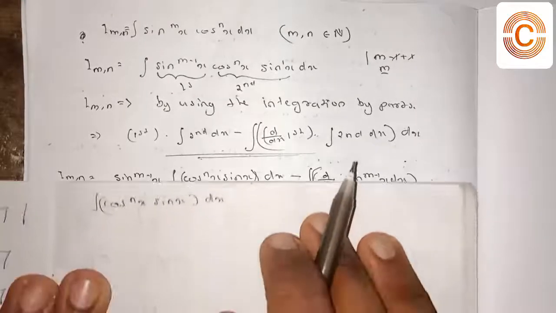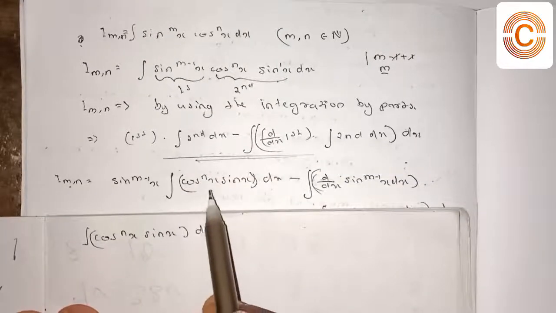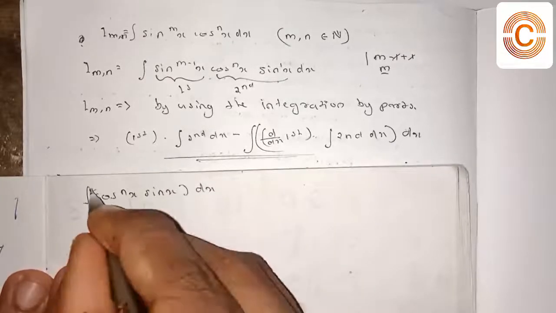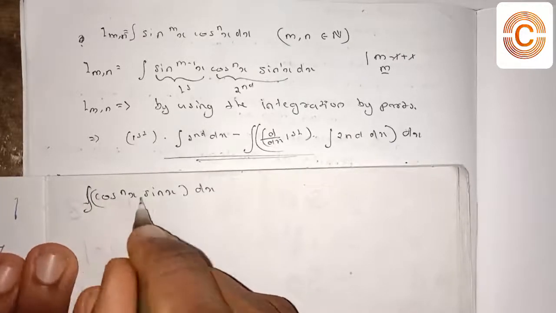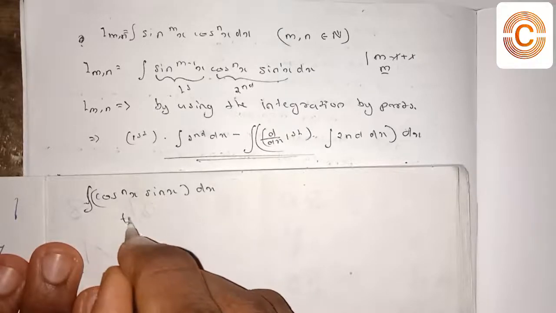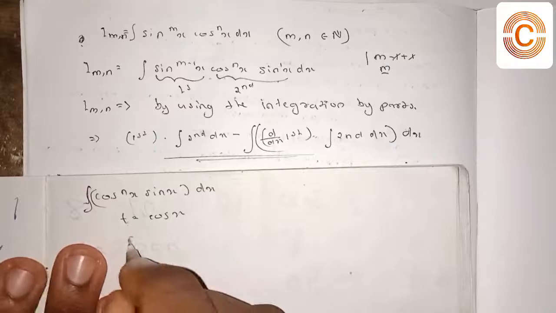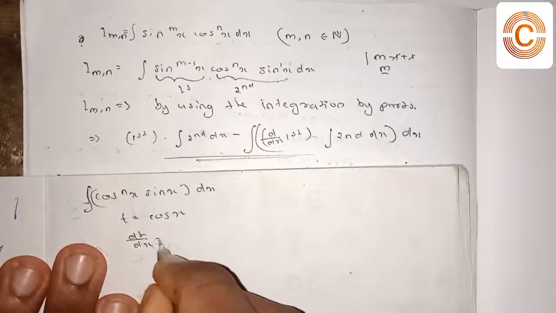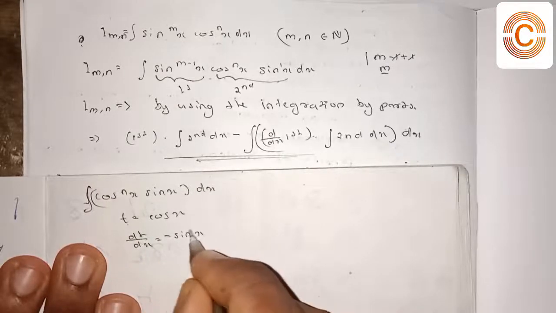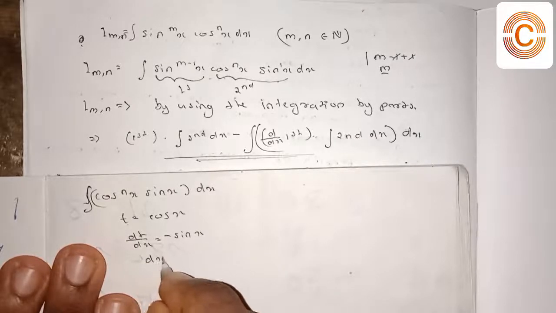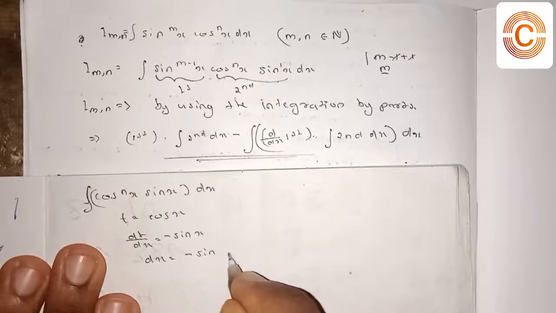So to find the integral of cos raised to n x into sin x dx, by substitution put t equal to cos x. Then dt divided by dx equals minus sin x, the derivative of cos. Then the value for dx is minus dt divided by sin x.